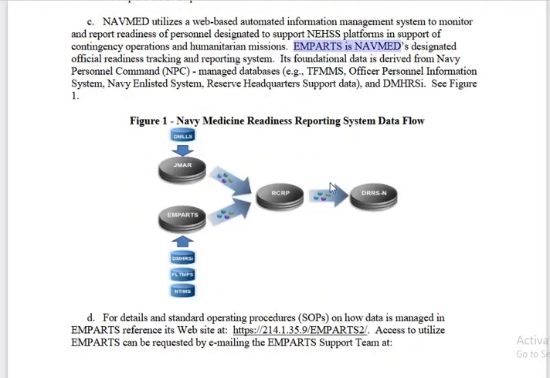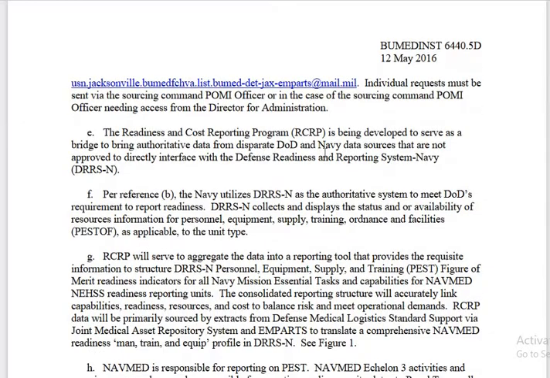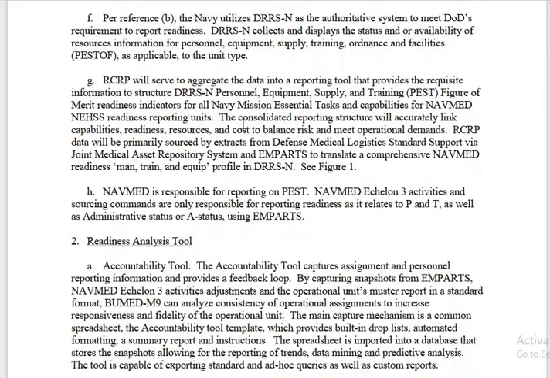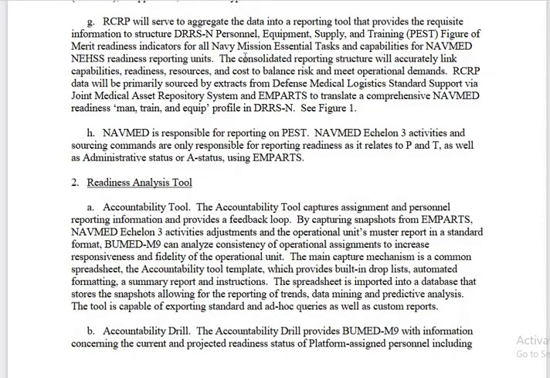And just one more time with the feeling, MParts is NAVMED. DIRS is all of DoD. It talks about how it's an aggregate tool, basically a fancy way of saying it compiles all the other information into one pretty report. Personnel, equipment, supply, and training is NAVMED's job.